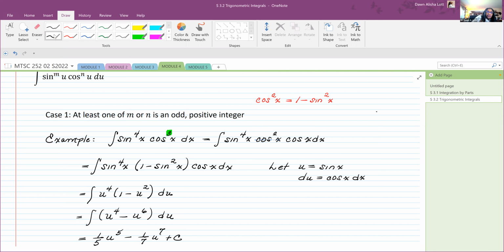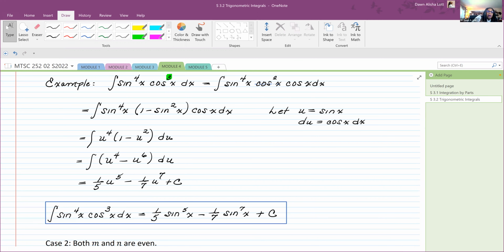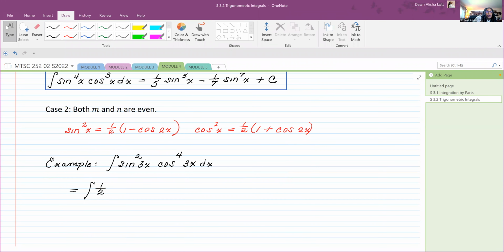But if they both are even powers, so you see I have squared and to the 4th, they're both even powers, I have to use the double angle formulas up top. So in the place of 2x, I have the sine squared of 3x, which is 1/2 times 1 minus the cosine of 6x.